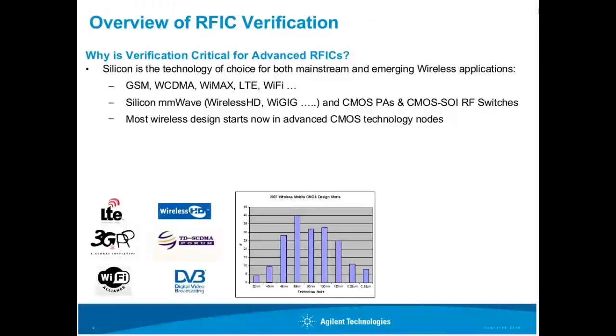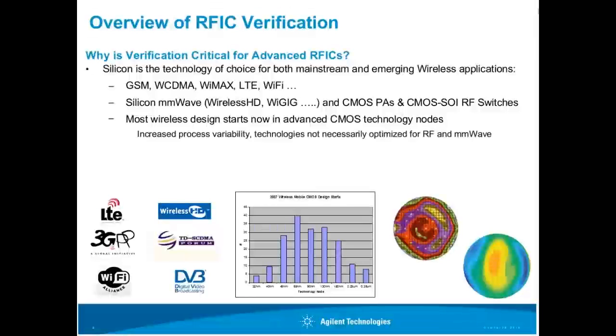Also, most wireless design starts are now happening in advanced CMOS technology nodes. This graphic is a snapshot from 2007 of wireless design starts, and you can see even 3 years ago, the trend was moving from the 180 to the 130 to the 90 to the 65 nanometer node. In fact, we have customers now that are actually sampling in 28 and 22 nanometer, believe it or not.